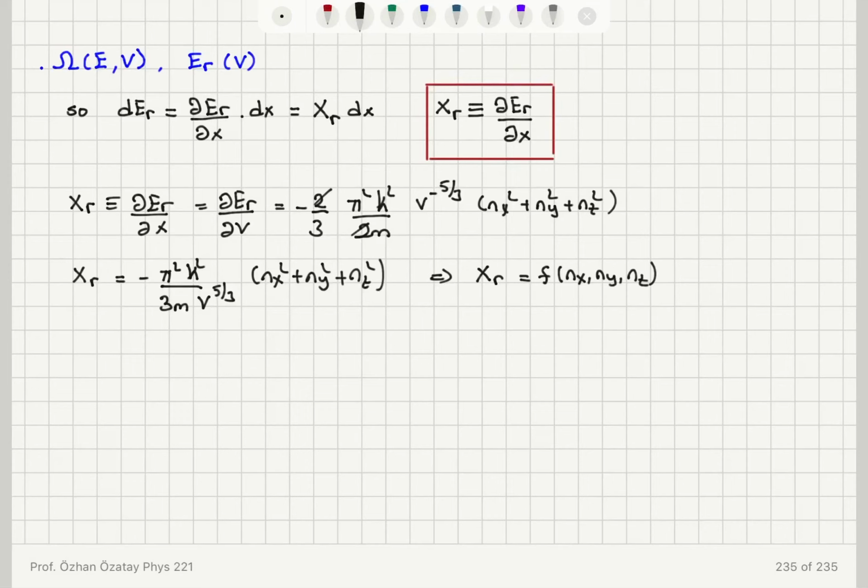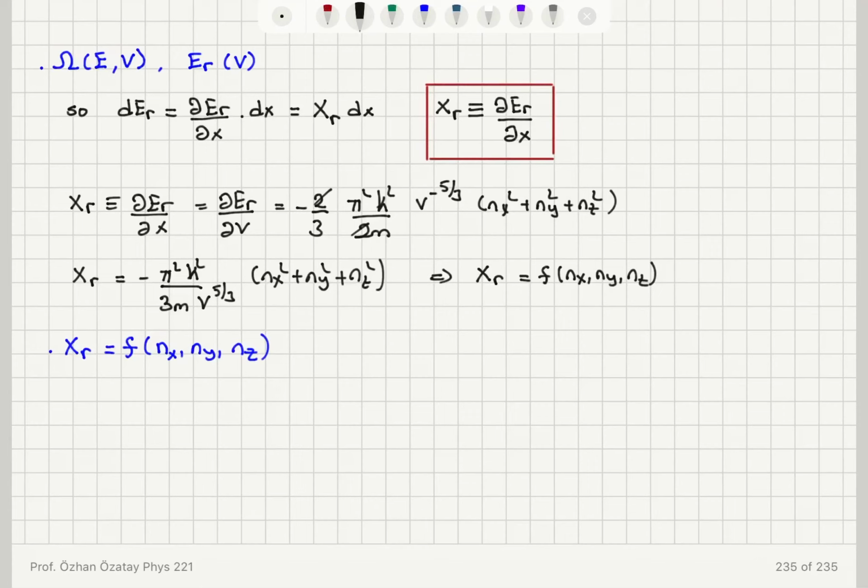So we're going to get a different variation for different states. So the other conclusion I have is that X sub r is a function of the state r, so it depends on the quantum numbers nx, ny, and nz.